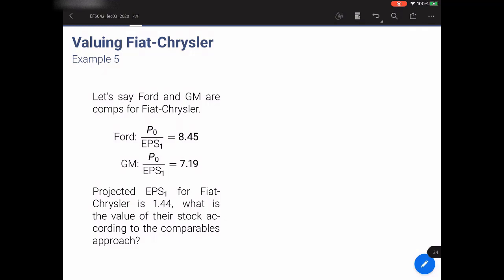What we want to do is derive the market capitalization of Fiat Chrysler implied by its EPS projection. For Ford, we observe its PE ratio, or price per share divided by earnings per share, which is equal to 8.45. For GM, the price to earnings ratio is 7.19.